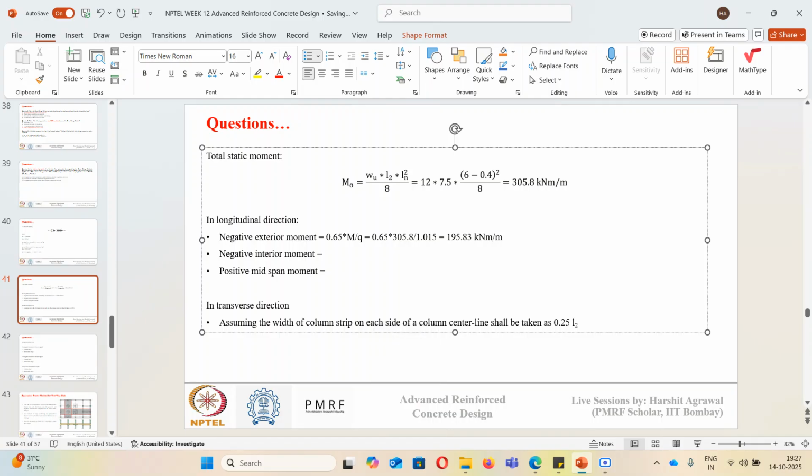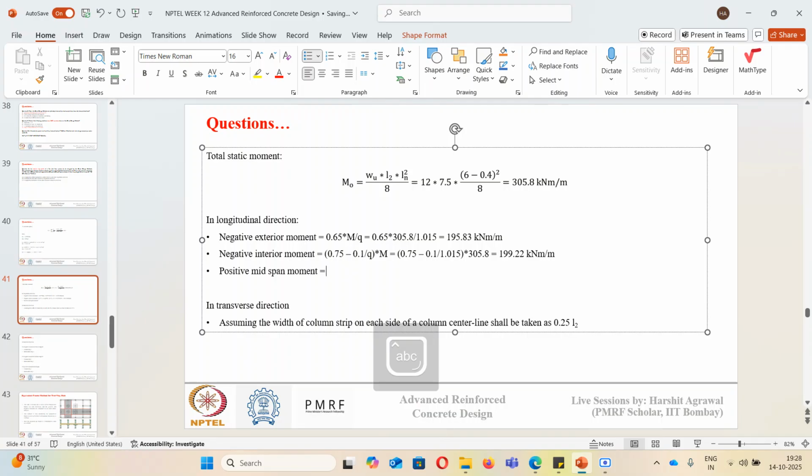Negative interior moment is given as 0.75 minus 0.1 by q times M0. So it will be 0.75 minus 0.1 by 1.015 times 305.8. So it will come out to be 199.22 kilonewton meter per meter.